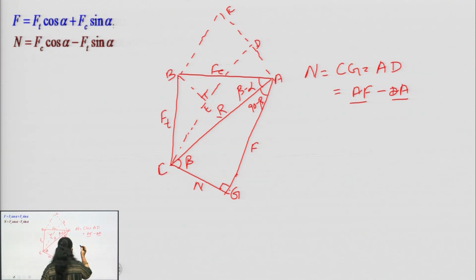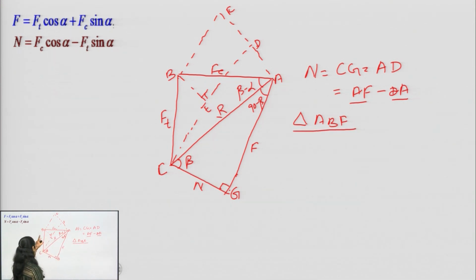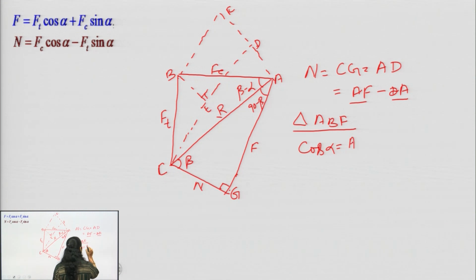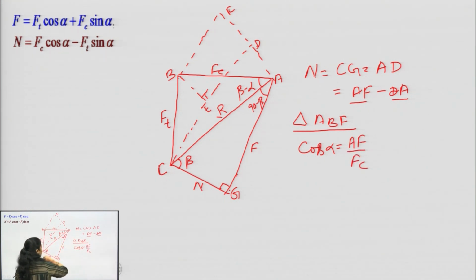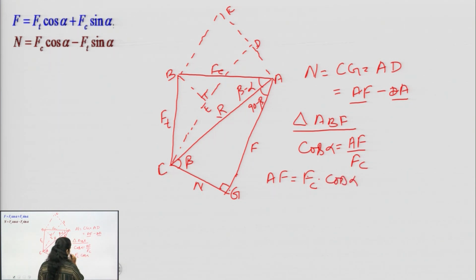Okay. So, what we will do? We will take the triangle ABF. So, in triangle ABF, the value of cos alpha will be Af divided by Fc. So, we can write the value of Af as Fc into cos alpha.